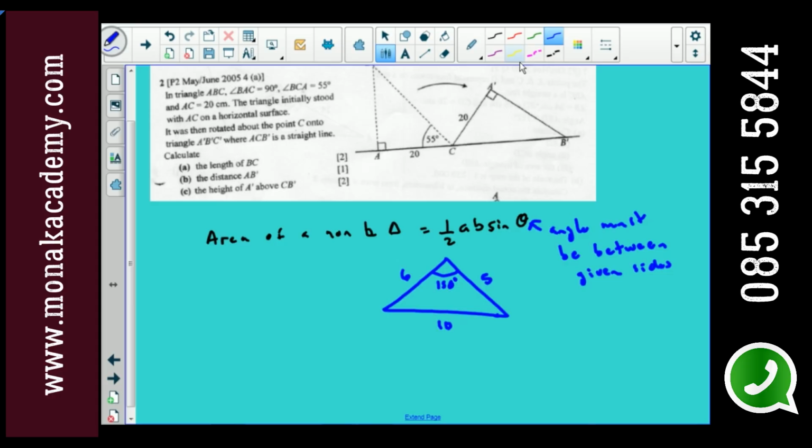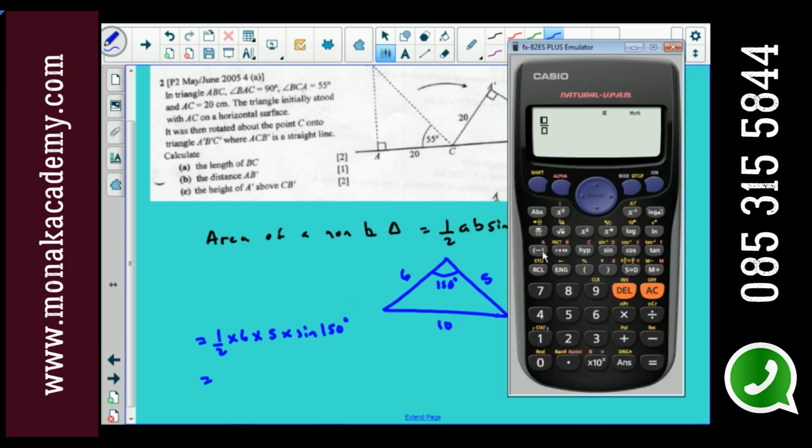So, in order to calculate our area, it's simply half of 6 times 5 times sine 150 degrees. So, I'm sure that can be calculated in our calculator, right?